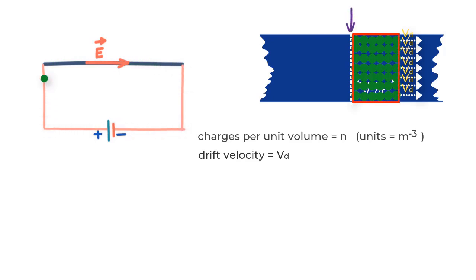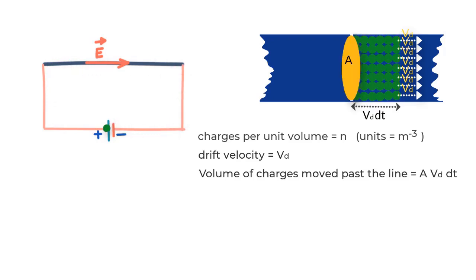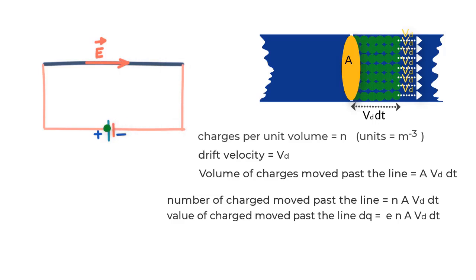Then the volume of such a cylinder is distance Vd dt into the cross-sectional area A, that equals A Vd dt. And if n is the number of charges per unit volume, then this volume contains n A Vd dt charges in it. Now if we say that the charge value of each charge is e, then the value of dq, or the charge that passes by in time dt, is e into n A Vd dt.